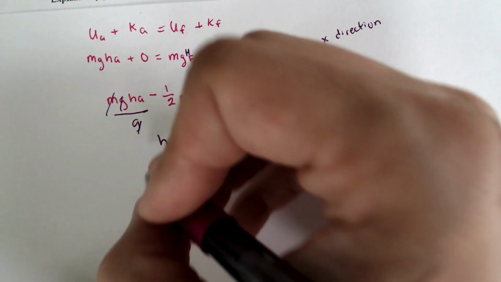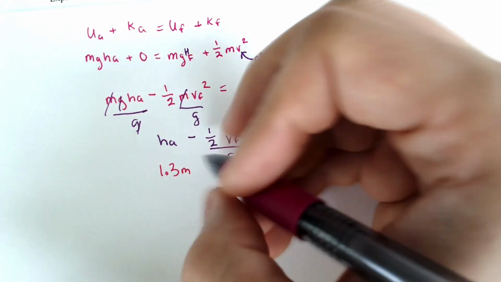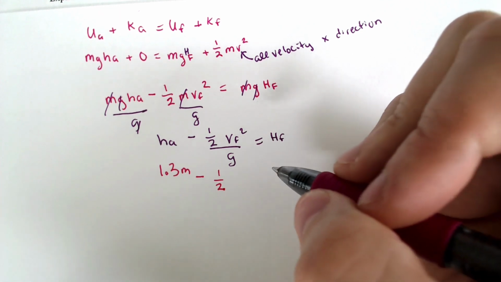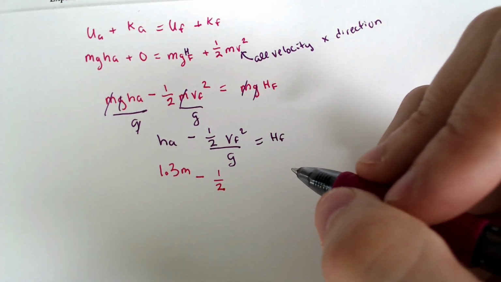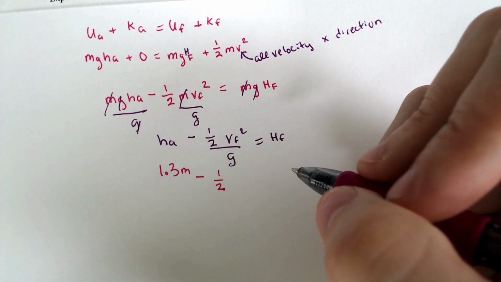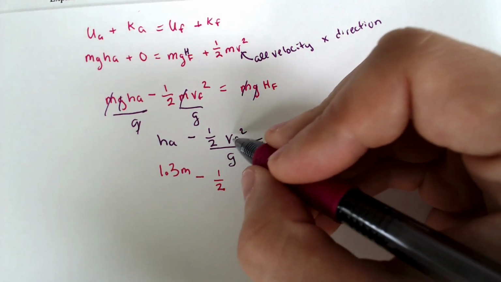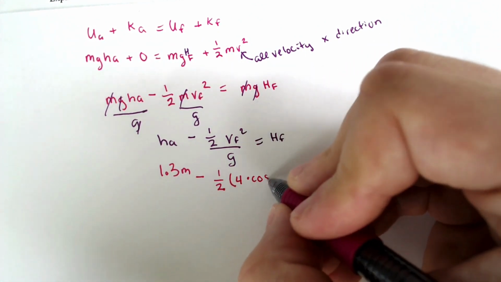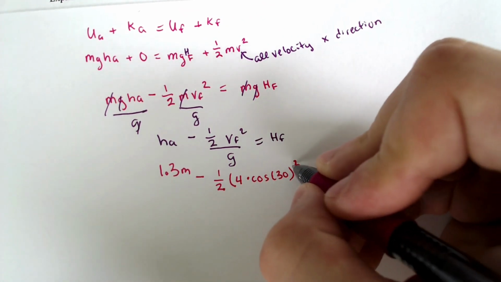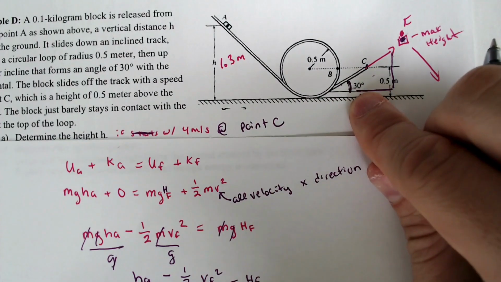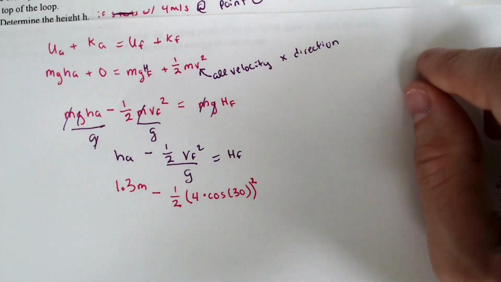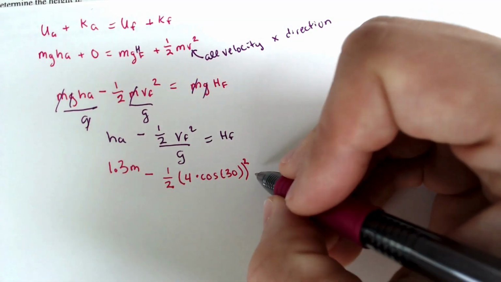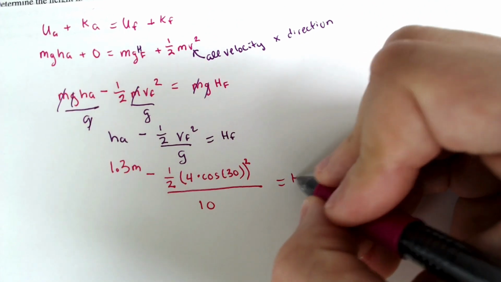We can plug that in. 1.3 meters minus 1/2 of the velocity, which would be the cosine part only, and we started with 4, so it'd be 4 times cosine of 30 degrees squared, only the x direction, because again, at the max height, the vertical part is going to be 0, and then we would end up with that divided by 10 equals h_f.